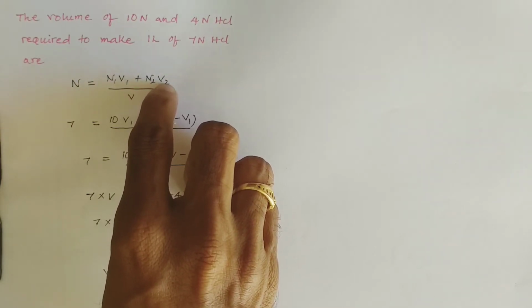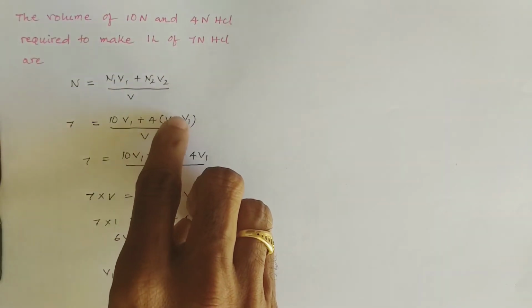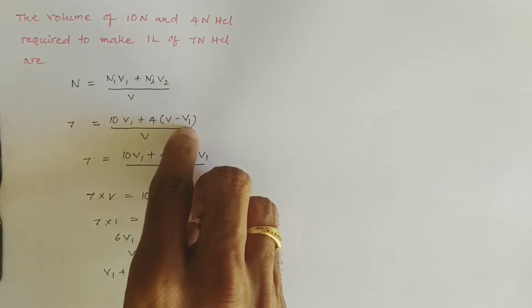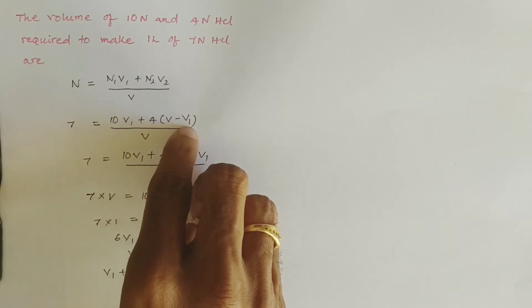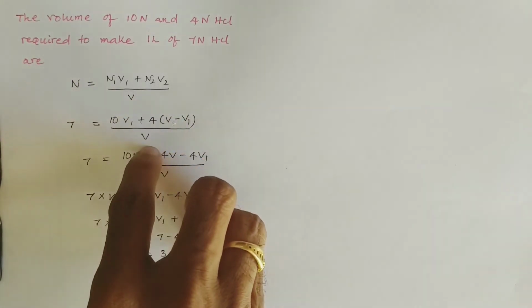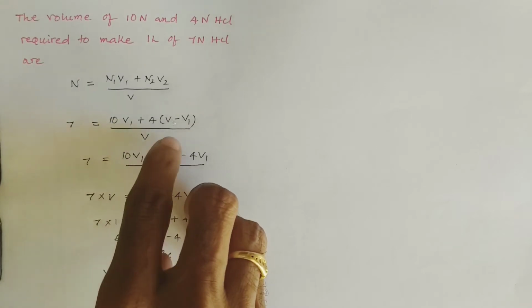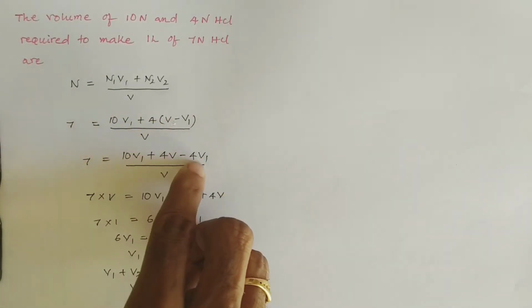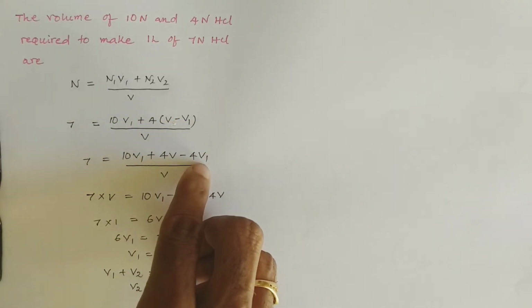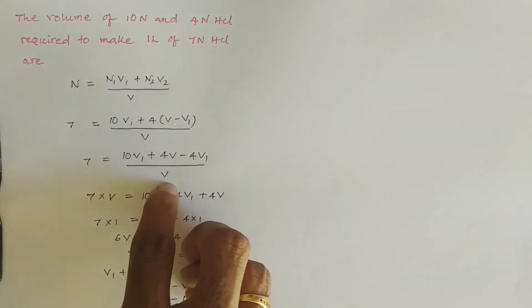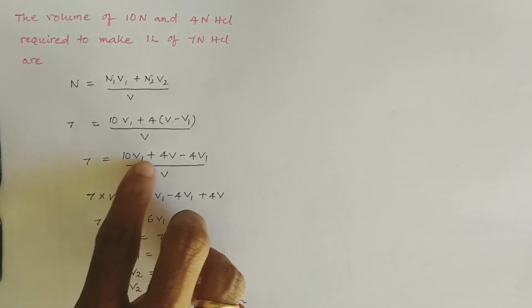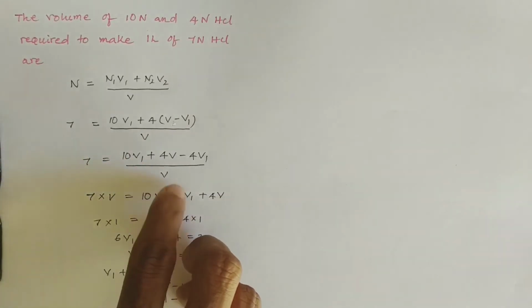That is V2. V2 is equal to V minus V1, total volume minus volume of the first solution, divided by total volume. Now simplify this, 10V1 plus 4V minus 4V1 divided by V, right?